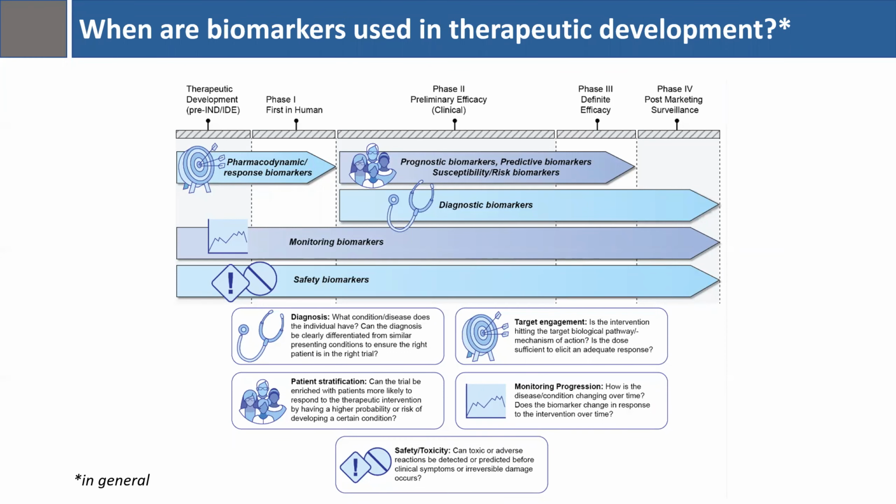Monitoring biomarkers can get used across the spectrum, and you can see some overlap between pharmacodynamic response biomarkers and monitoring biomarkers in some cases. Safety biomarkers help identify exposure, either to a therapeutic or to a toxin, et cetera. And so this is just to highlight where they're used in the therapeutic development translational spectrum.